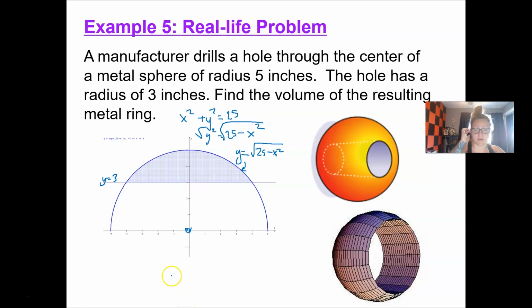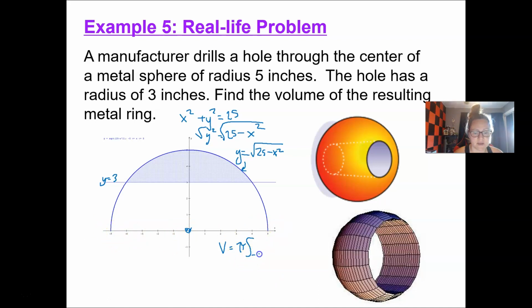Okay, and so now I would set up my volume function. So V equals pi, from, and then now again we're going on the x-axis. So you care about your furthest left to furthest right.